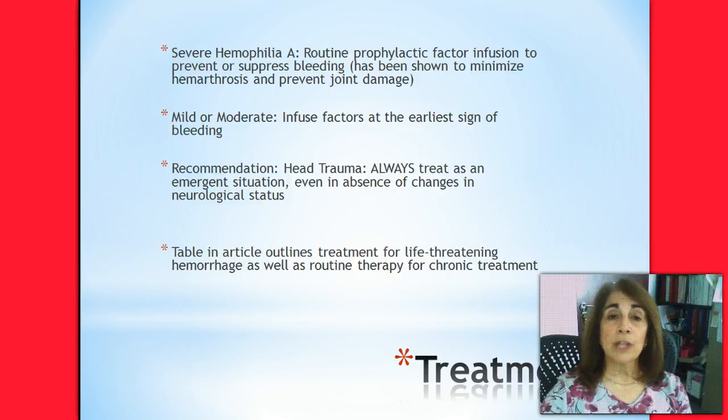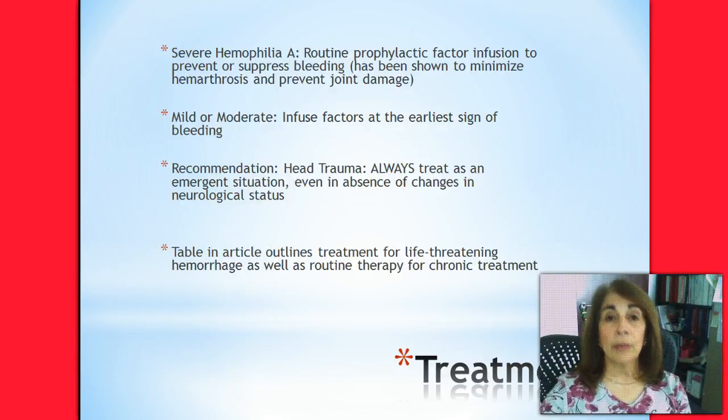There's no recommendation to do routine infusions of factors. If the patient experiences head trauma, the recommendation is to always treat it as an emergent situation, even in the absence of neurologic changes that you look for.